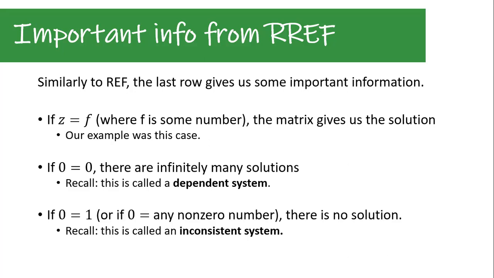And similarly, if we get 0 equals 1 or 0 equals 5 or 0 equals any non-zero number, there is no solution and we have an inconsistent system. So you can see that we're doing the same thing that we did in 7.1, but it's made so much easier by doing it in terms of matrices, because then we can use our technology to do the hard work for us.